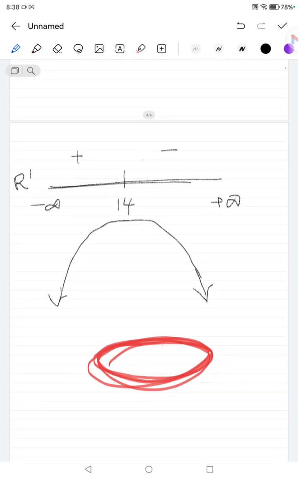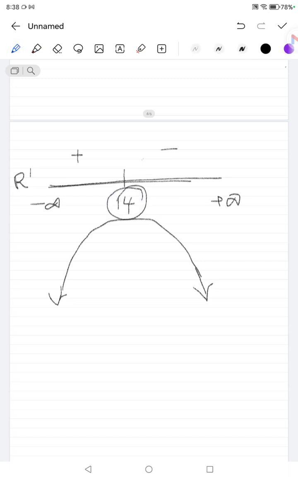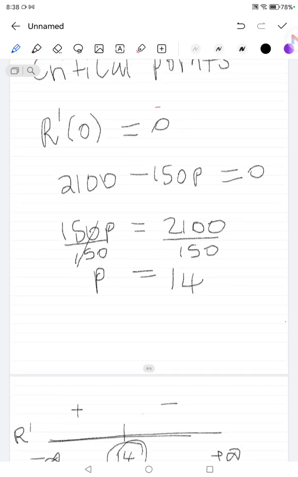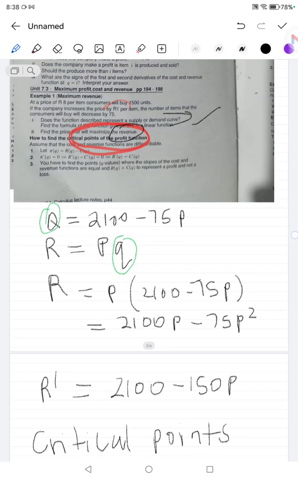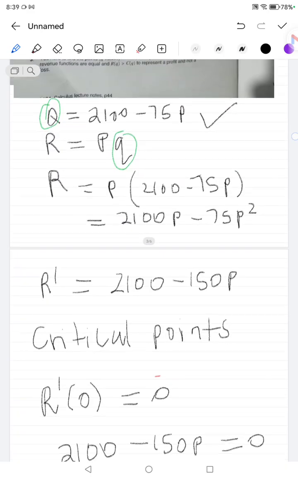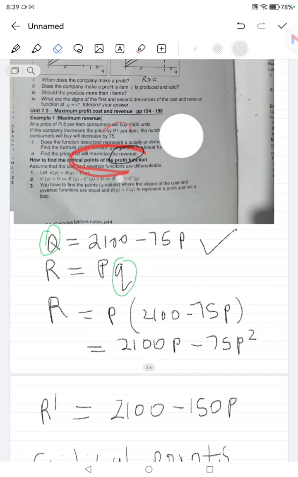Then you know that your p is equal to 14. This is where you're going to have your maximum value. Then you take this value, your 14, and substitute it into the original function to get that maximum value, which is this one. That will be the end of the question.